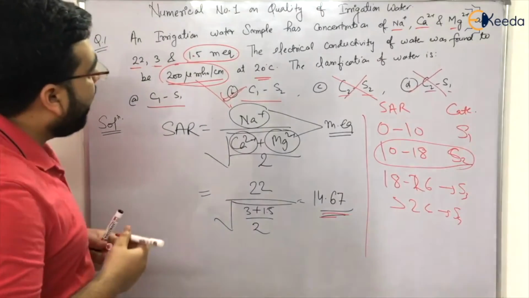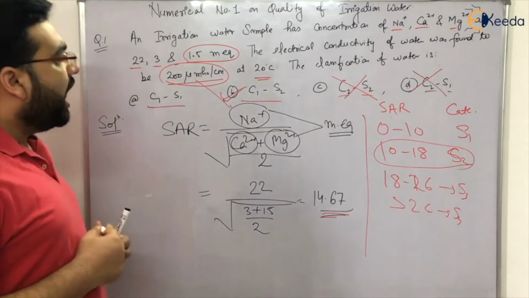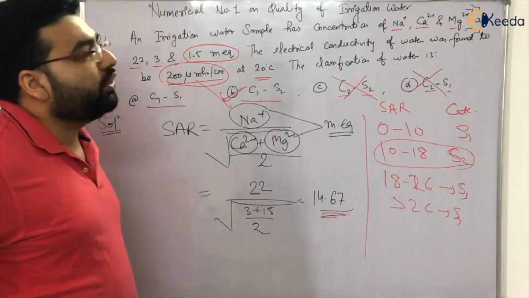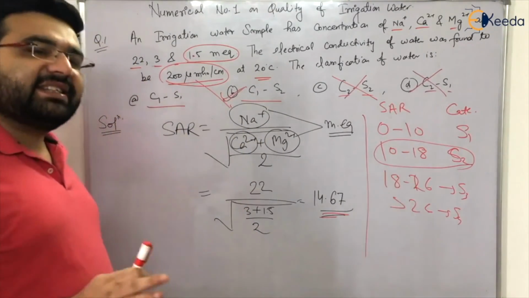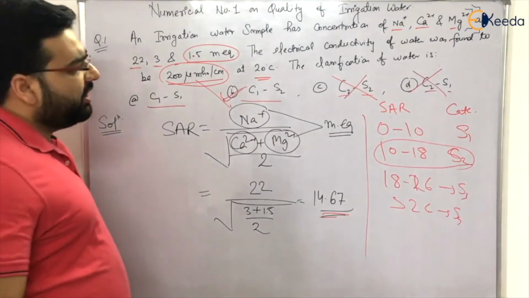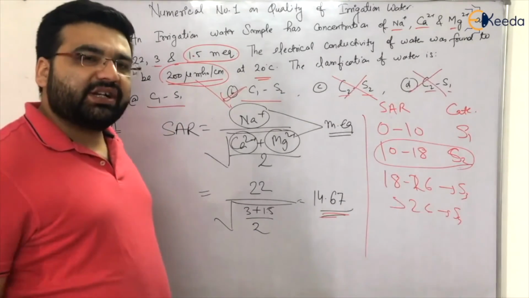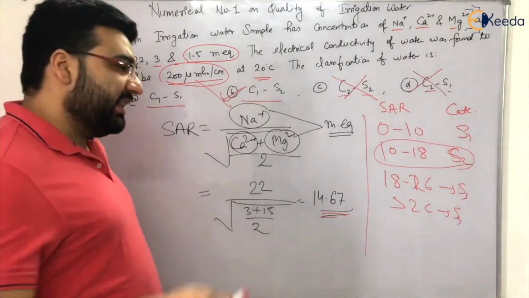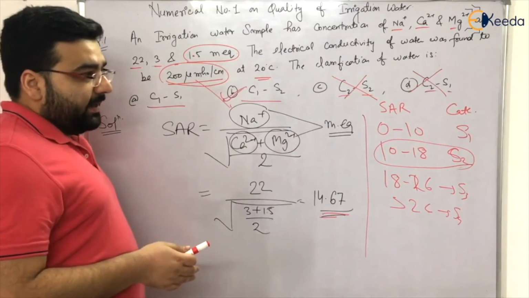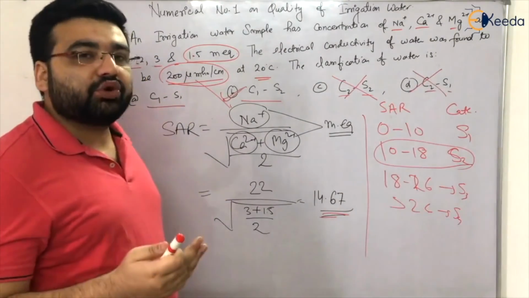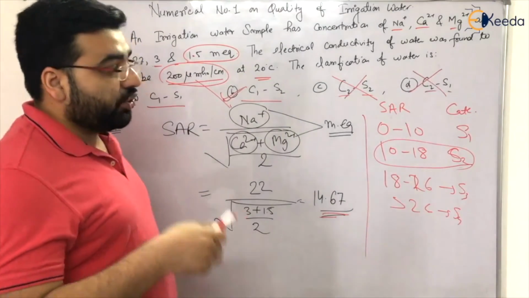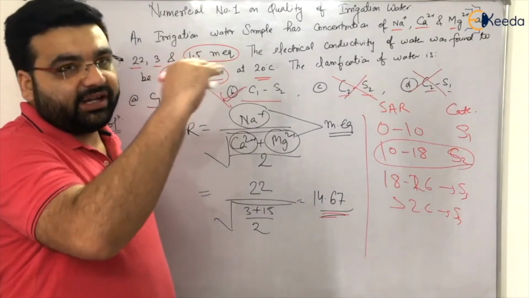I hope that you have understood how to solve numericals based on the quality of irrigation water. Such numericals come in examinations, whether it is ESE, state level examinations, or GATE; the syllabus is actually the same. But GATE has a very good standard as far as the analytical portion is concerned, and as far as the theoretical portion is concerned, ESE has a very good standard.